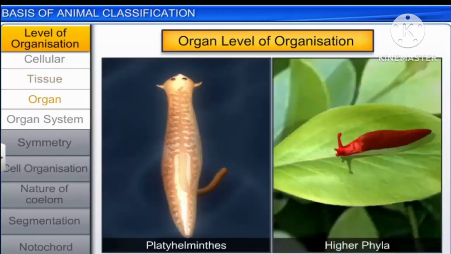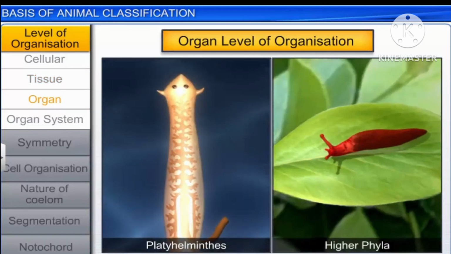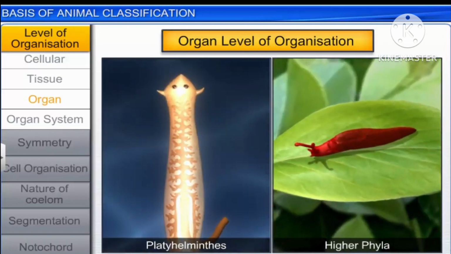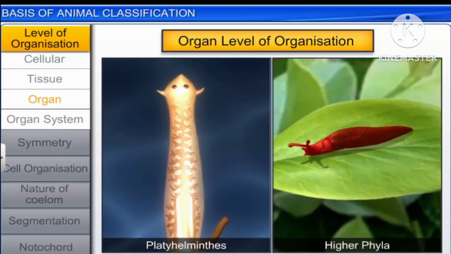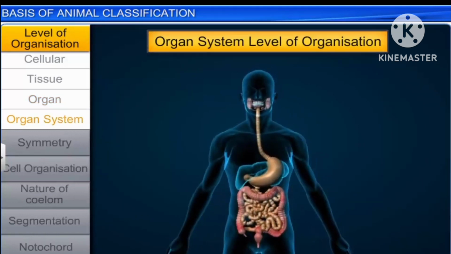Organ level of organization is exhibited in members of platyhelminthes and other higher phyla. Here, the tissues are grouped to form organs, and each organ performs a particular function. The last cell pattern is the organ system level of organization.